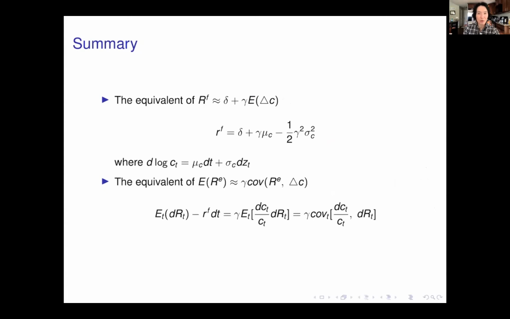So there's a very strong analogy between the discrete time and the continuous time. So even though continuous time math can sometimes sound challenging, if you consider the discrete time analogy, it is easy to understand.